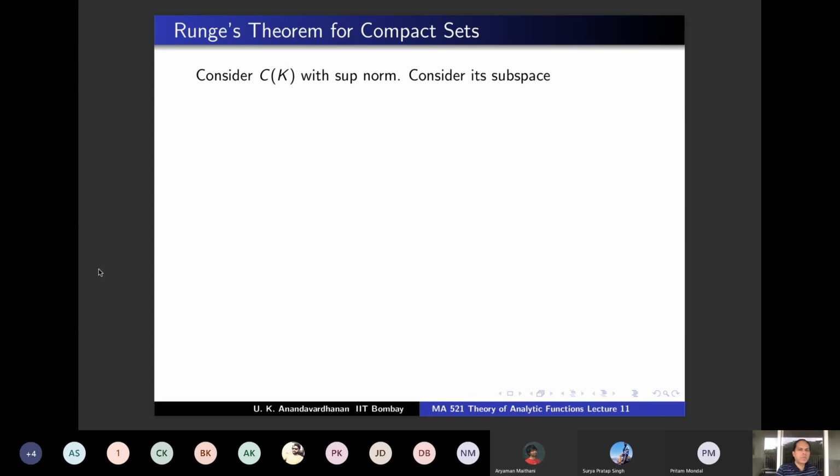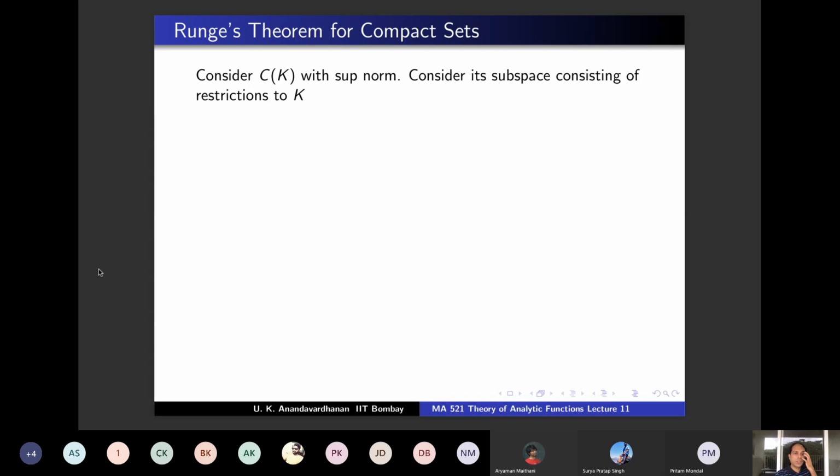With this nice property. So we are going to consider the subspace consisting of those functions which can be approximated nicely, as we want in the theorem, by rational functions like that.